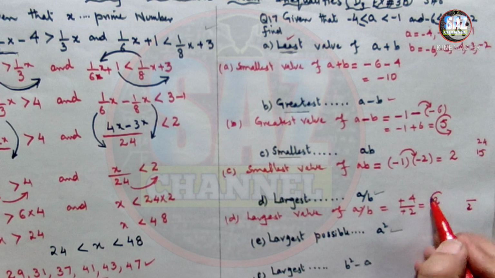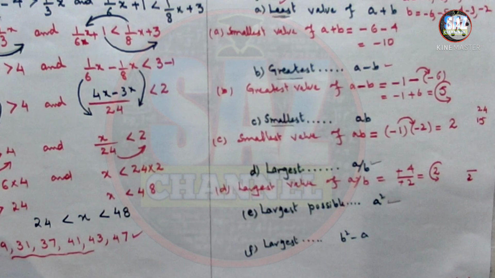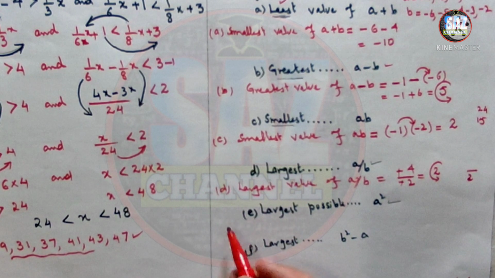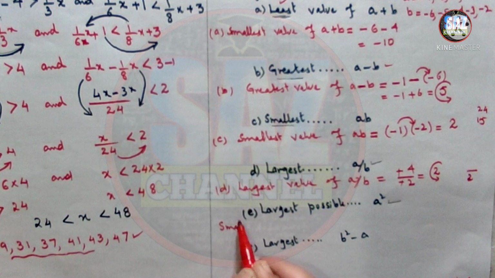Then the next part of question 17 says the least and greatest value of A square, the smallest and largest possible value of A square. First I will talk about the smallest value.